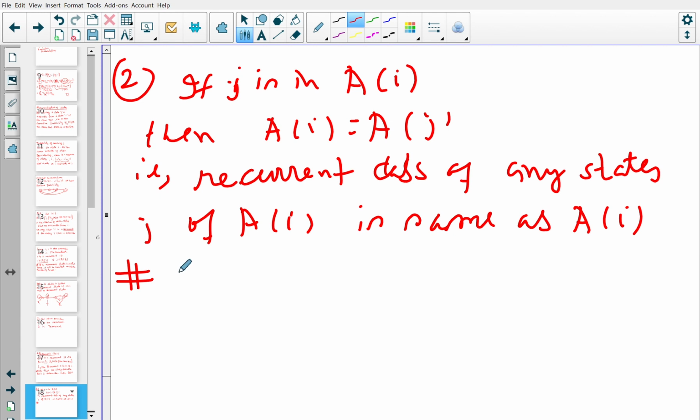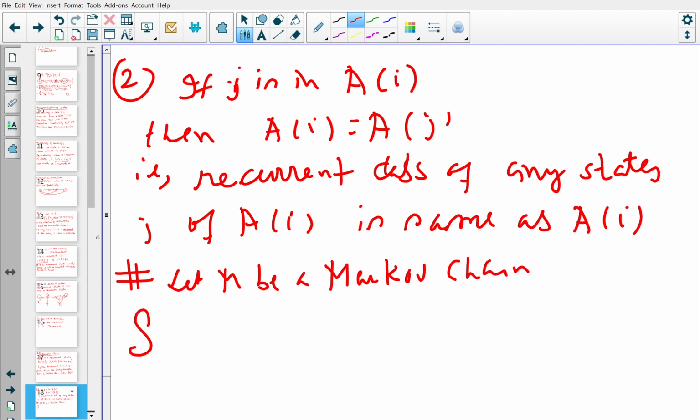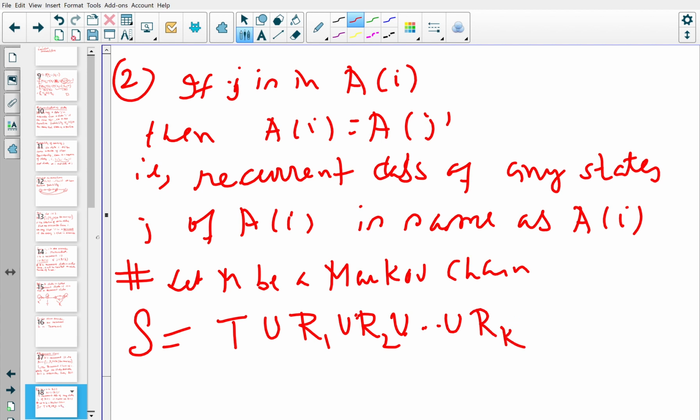Let M be a Markov chain with state space S. Then S can be written as the union of T, the transient states, union recurrent classes R1 union R2 and so on, finitely many recurrent classes, because we started with S finite.